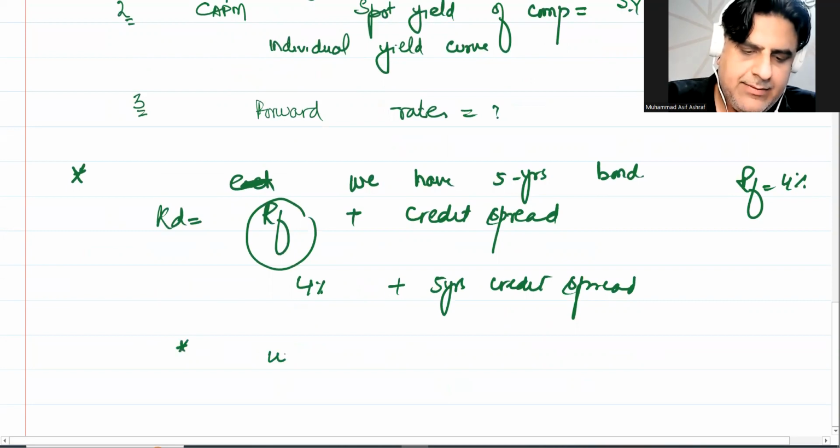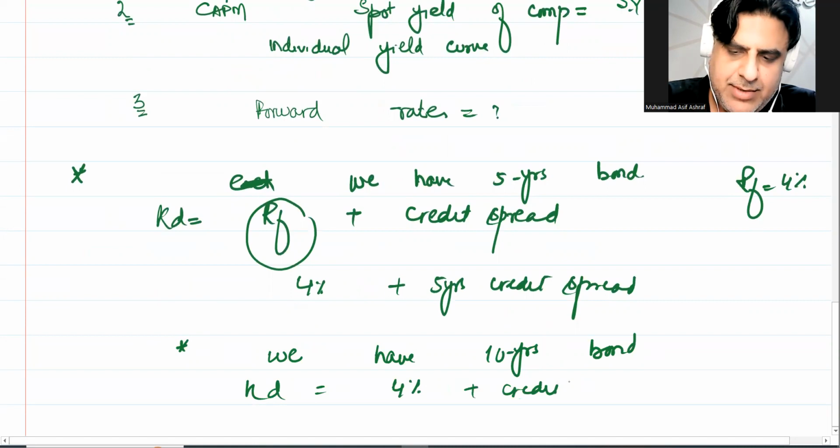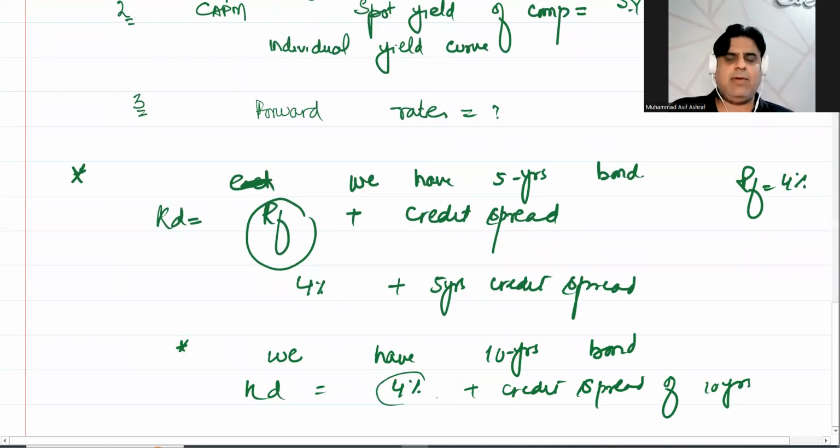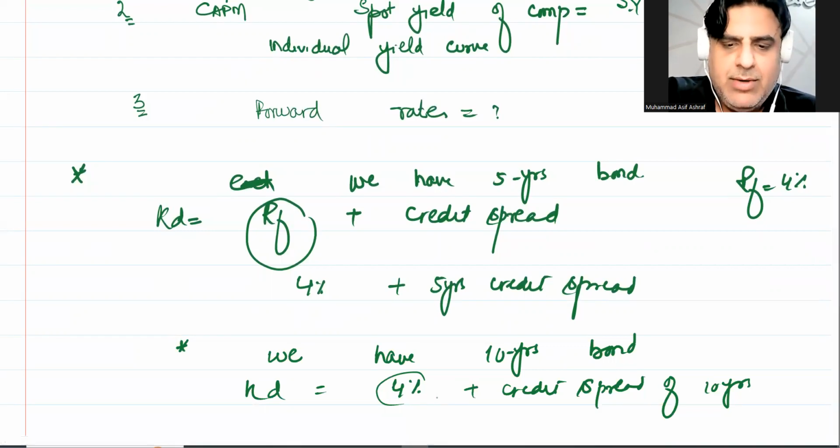Let's say we have a 10 year bond. Again, I would be using RF 4% plus credit spread of 10 years. So I am using the same RF value, whether I want to calculate the cost of debt or yield of a 5 year bond or 10 year bond.